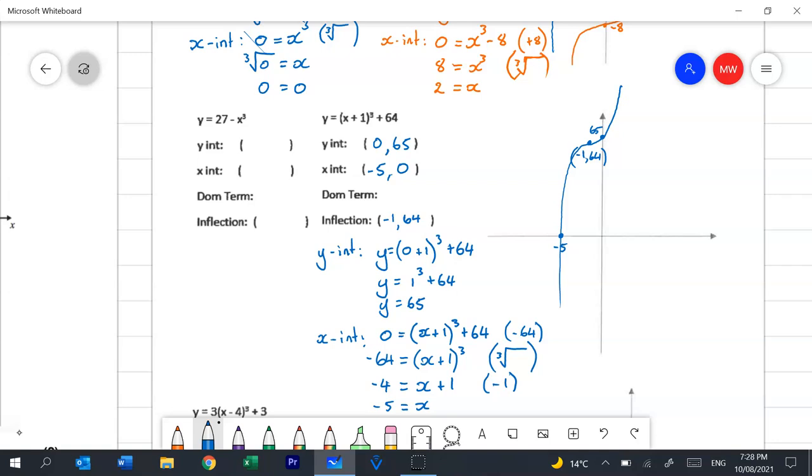In the second example, or in the first example really, and the reason why I did that one first is that it may not be clear how I get the point of inflection from here. I'm getting the point of inflection when I look at that as being 0, 27, but it would be fair to ask how I got that.